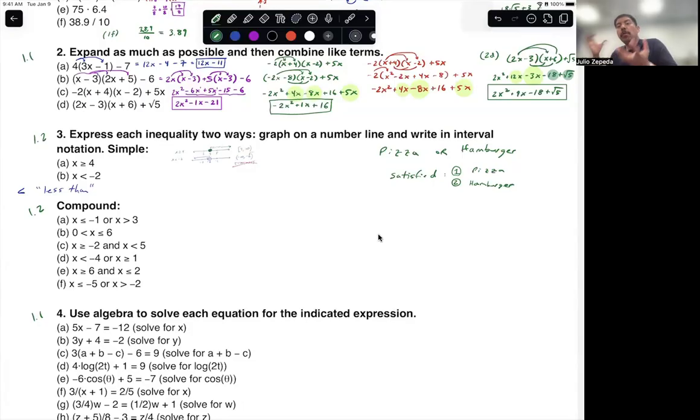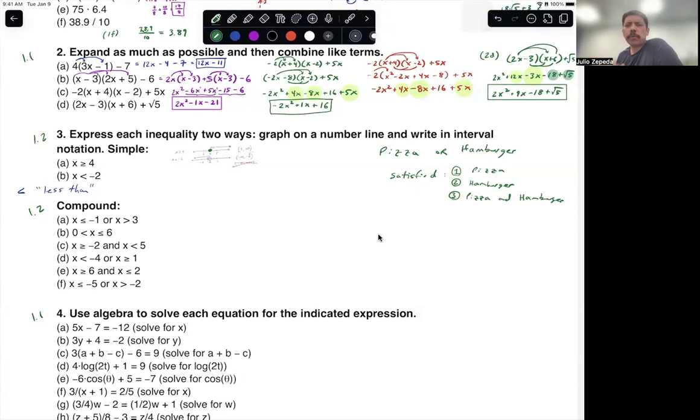Because I said pizza or a hamburger, one or the other will satisfy me, but I would be extra happy if I showed up at home and there was pizza and a hamburger there waiting for me. I would be satisfied under either of these three conditions. If one of these was met, pizza or hamburger, or both.